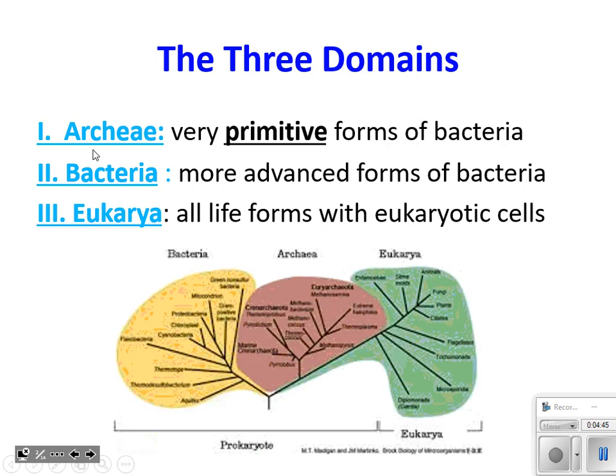Okay? So once again, as I'm looking at this, you can see here's bacteria, here's archaea, here's eukarya, and the eukarya right here says that they have eukaryotic cells. And right here, the bacteria and the archaea have prokaryotic cells.